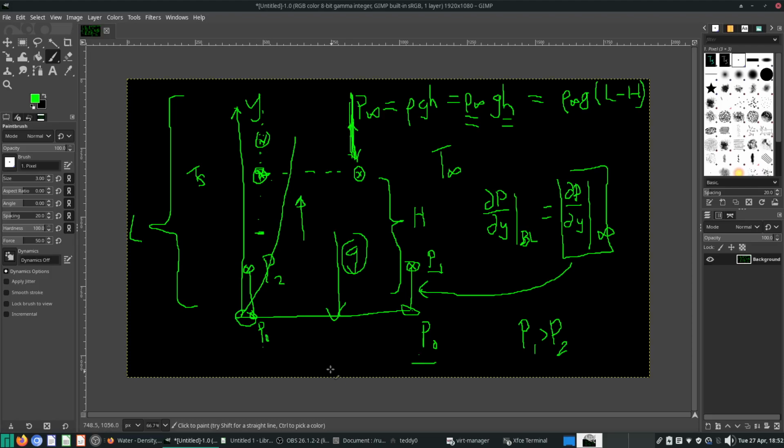What will happen if P1 is greater than P2? You will have fluid flowing in from the free stream into this area, which is exactly what we expect. In natural convection, fluid flows from the cold region into the hot region, into the wall, so that as fluid leaves the hot region, fresh fluid from the cold region comes in to displace it.